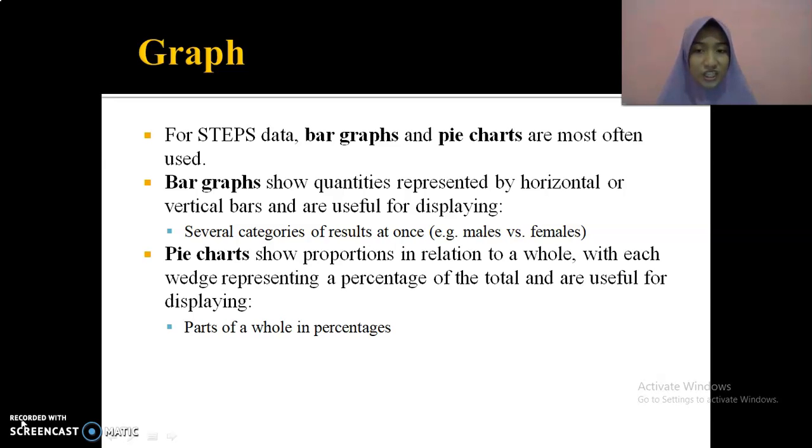And pie charts show proportions in relation to a whole, with each wedge representing a percentage of the total, and are useful for displaying parts of a whole in presenting percentages.